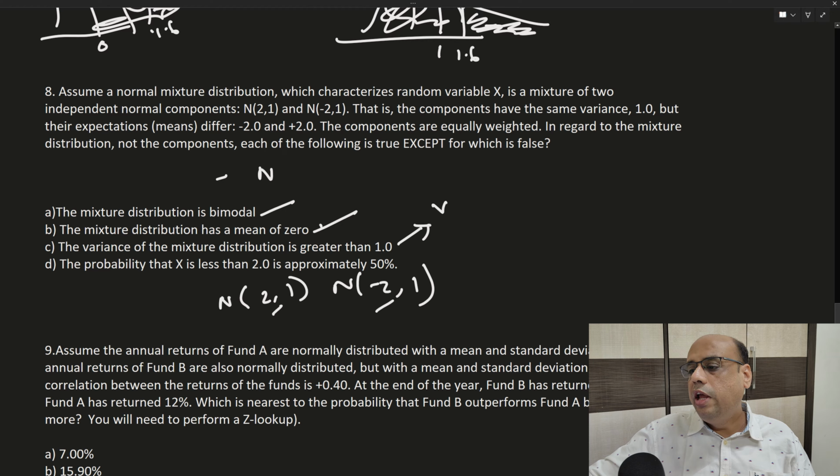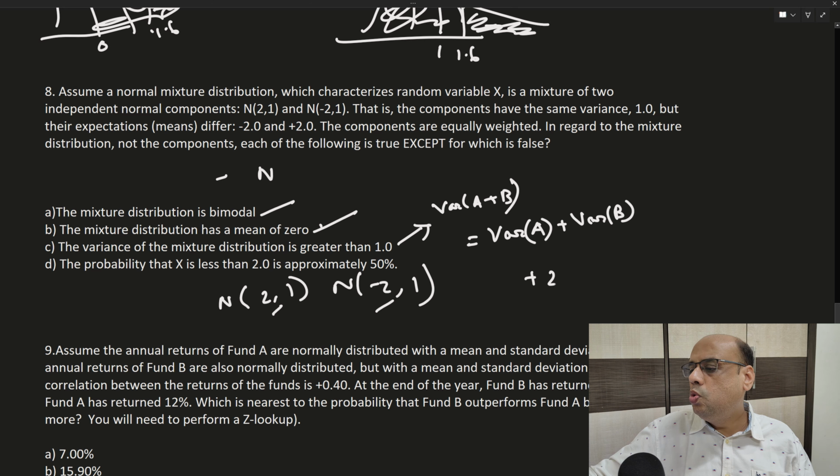Let us see. Variance of A plus B is equal to variance of A plus variance of B plus 2 covariance AB.